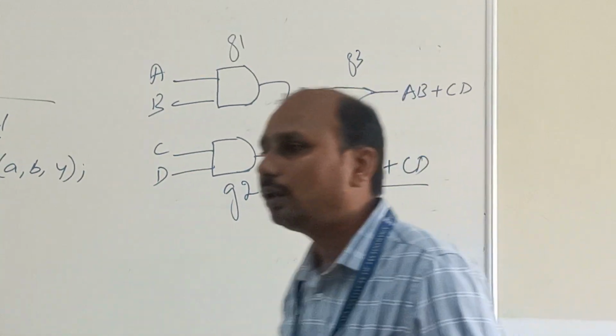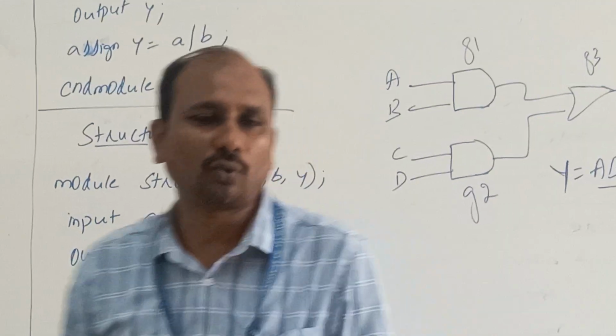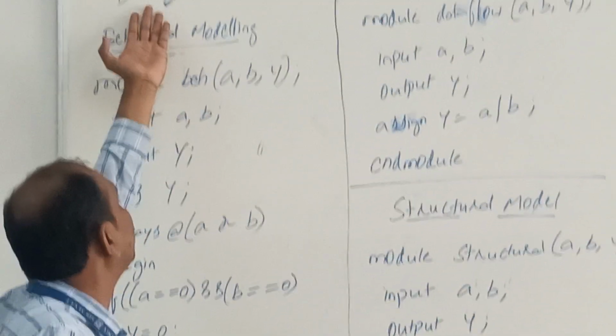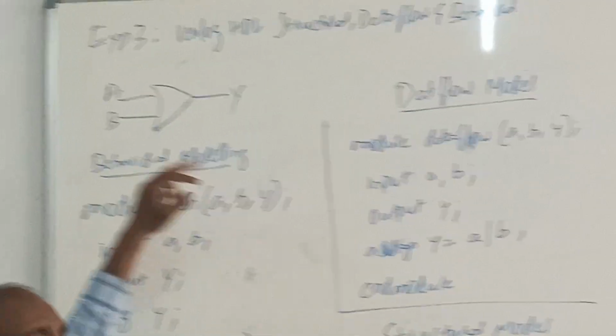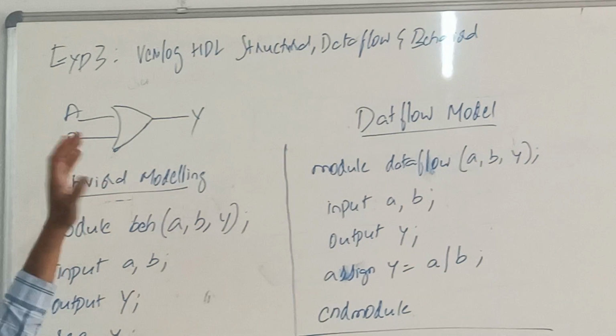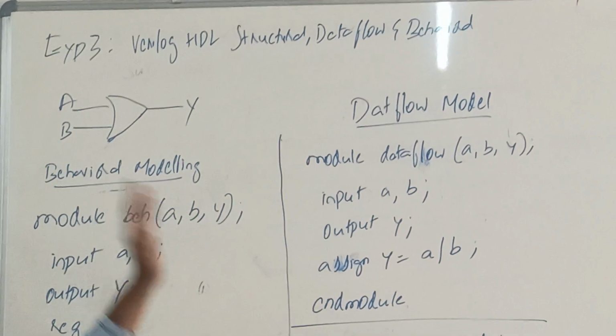Now let me go with a very basic program, taking a very simple example, which is an OR gate. Using this OR gate, let me show how to write the behavioral model, dataflow model and structural model.